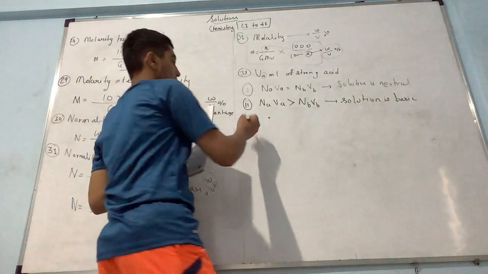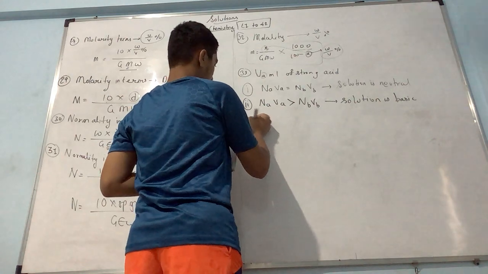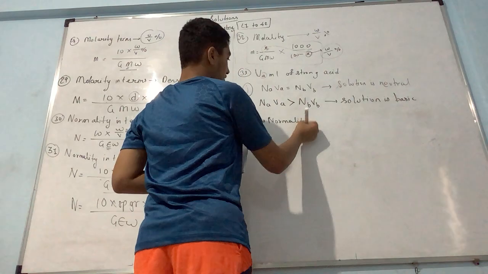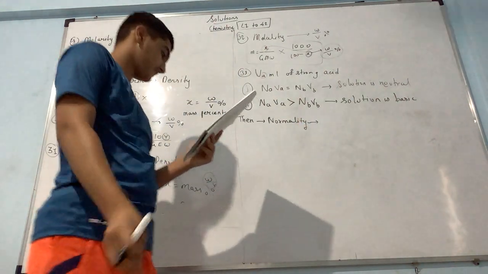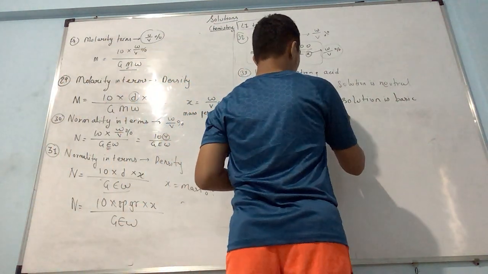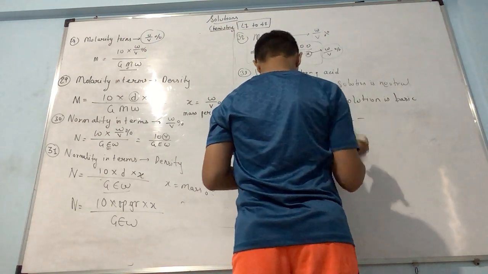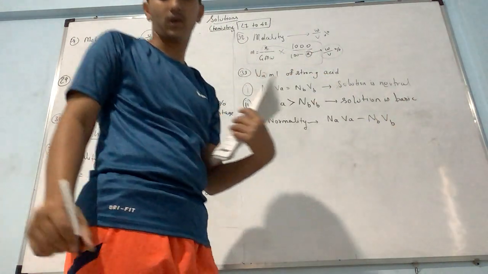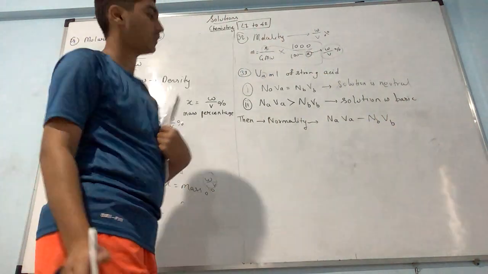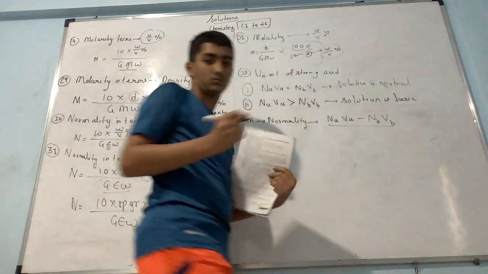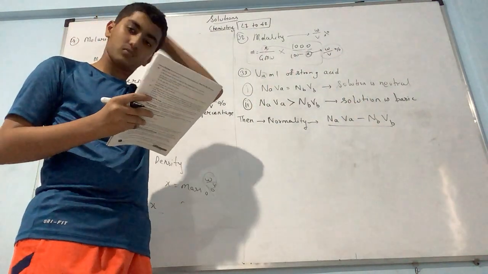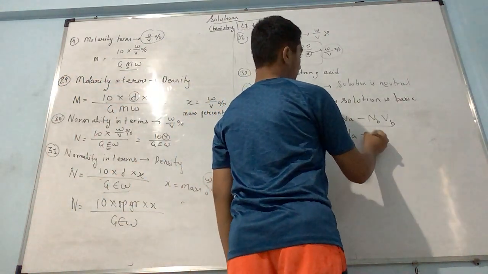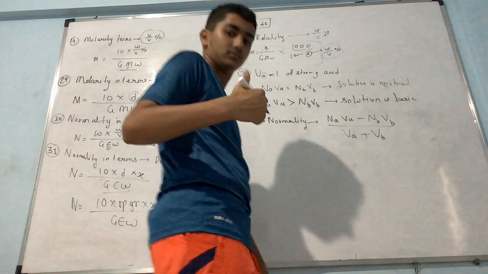Then if it's like this, we have a formula for normality. The formula is NaVA minus NBVB upon VA plus VB. Understood? Good.